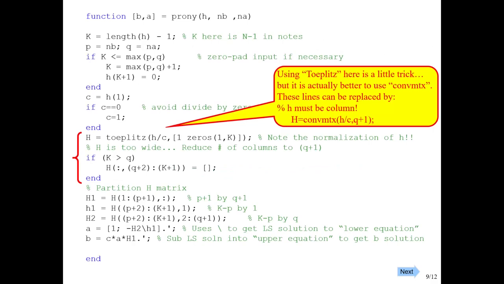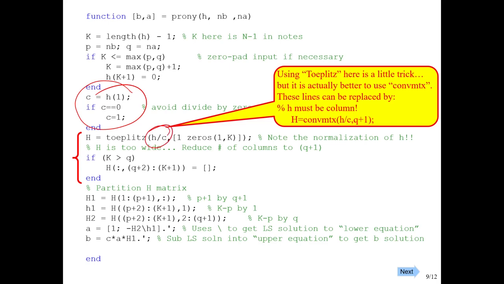I thought I would just show you what's inside prony. So just setting up some things here, doing some zero padding, just getting all of the things set up right, doing some sort of check to make sure that our first value in the H vector is not 0, and then normalizing by that first value.